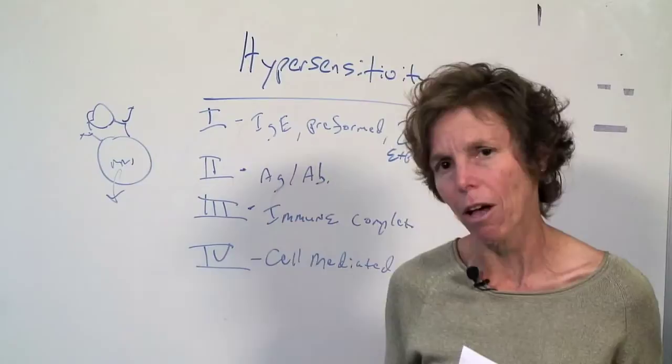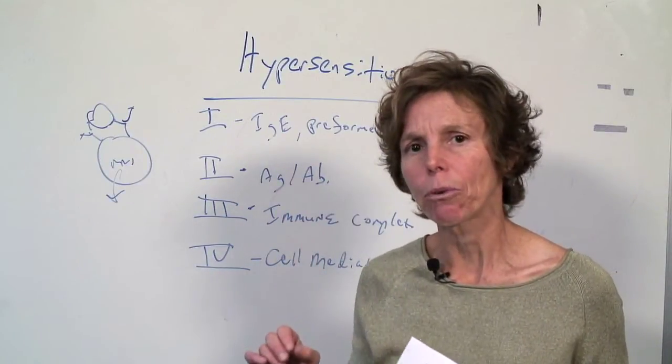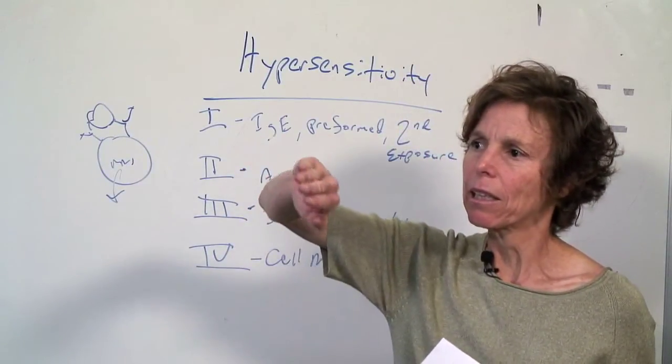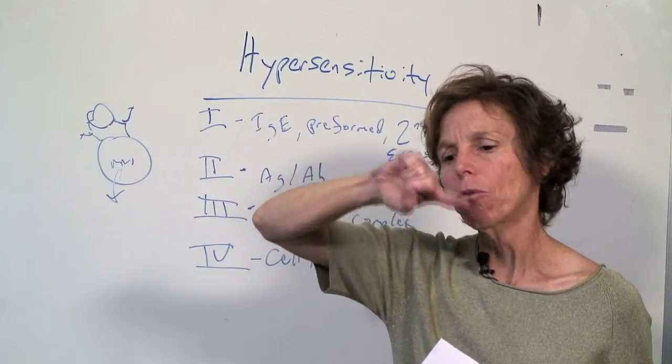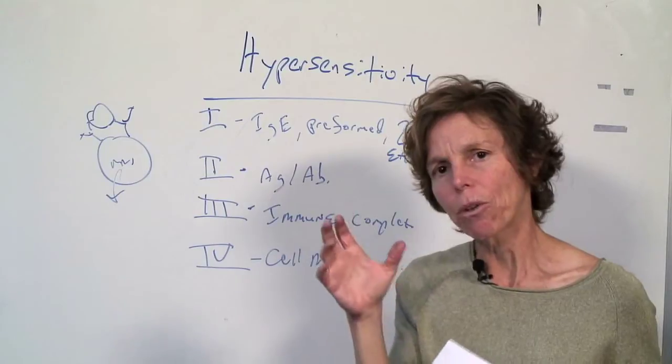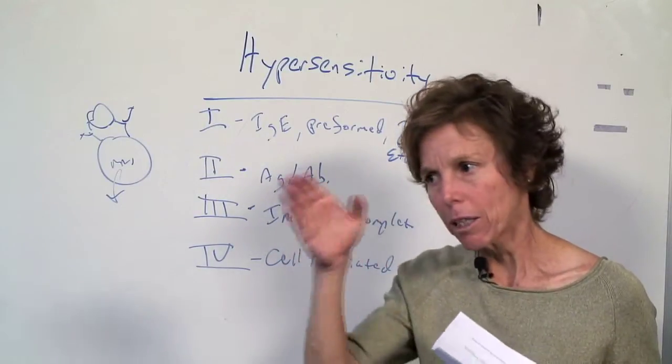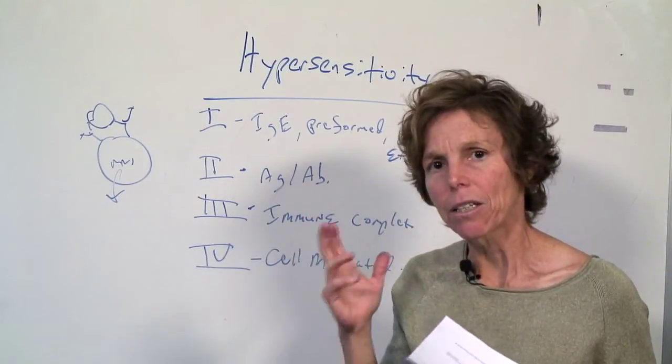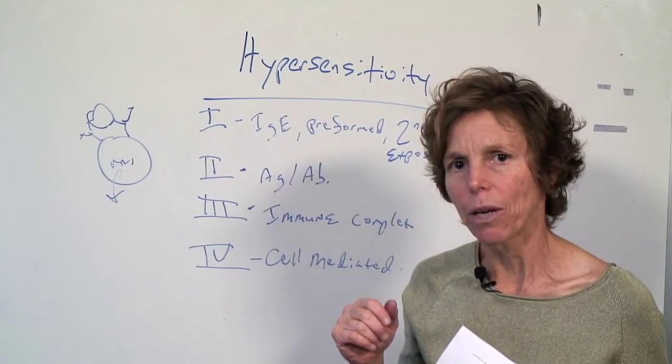And it causes pathology. And when you look at the immunofluorescence of it, it's this linear, beautiful paved road of immunofluorescence. And that is what they call antigen antibody specific, and it is a type 2 hypersensitivity reaction.